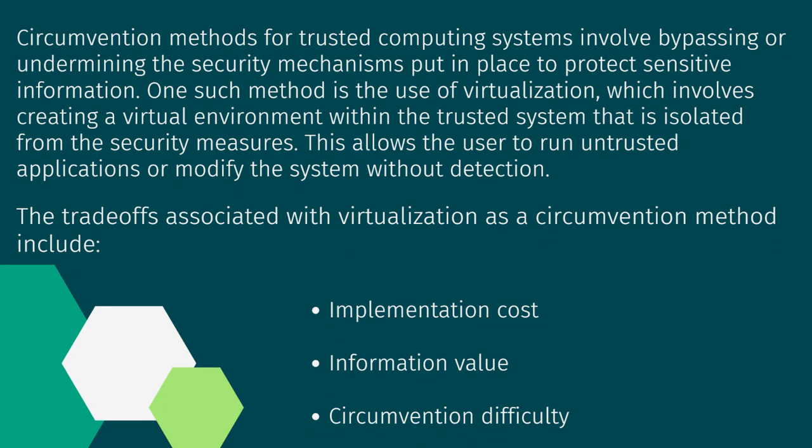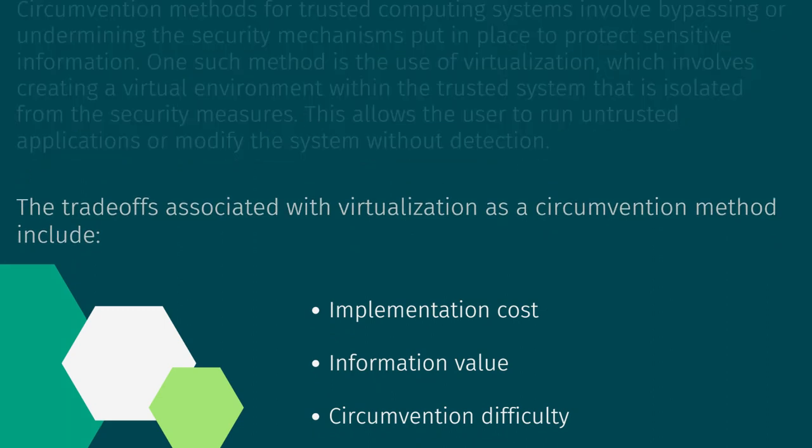One such method is to use virtualization, which involves creating a virtual environment within the trusted system that is isolated from the security measures. This allows the user to run untrusted applications or modify the system without detection. The trade-offs associated with virtualization as a circumvention method include implementation cost, information value, and circumvention difficulty.